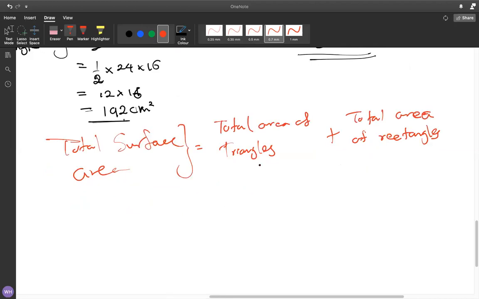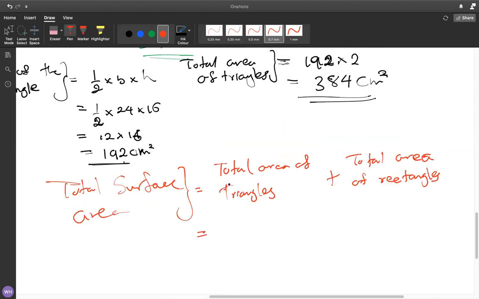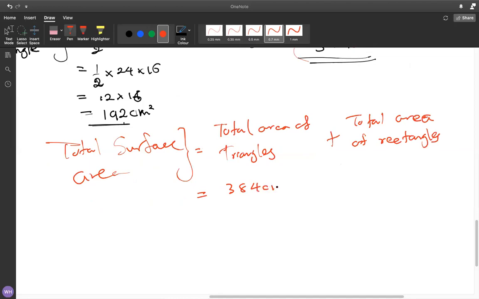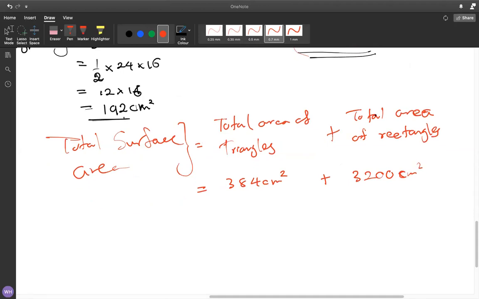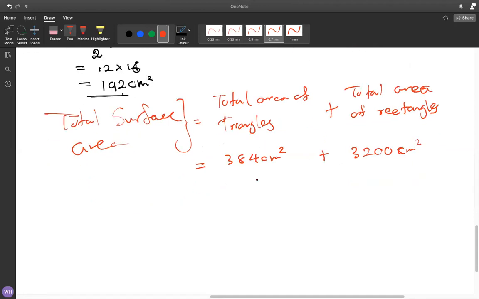So this is equal to 384 square centimeters and 3200 square centimeters when you take the sum of all the rectangles. Once you take the sum altogether, it will be 3584 square centimeters. Right, girls and boys, did you understand the thing?